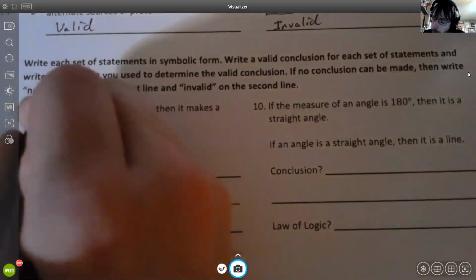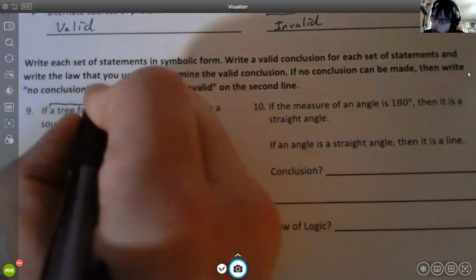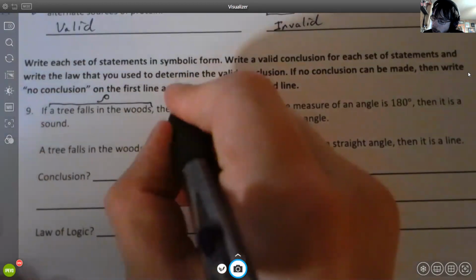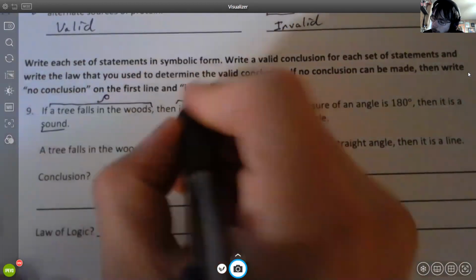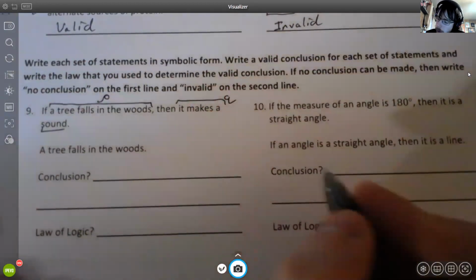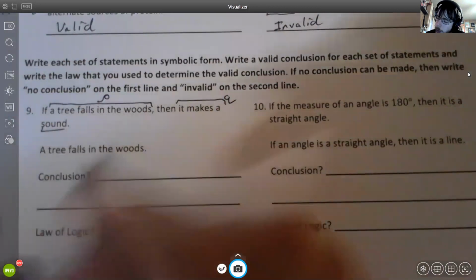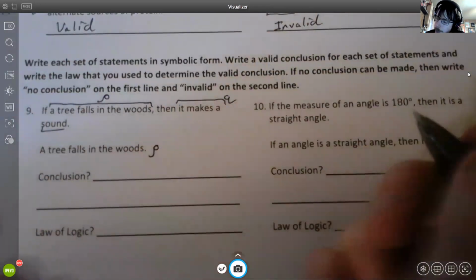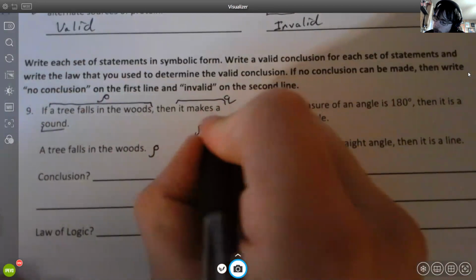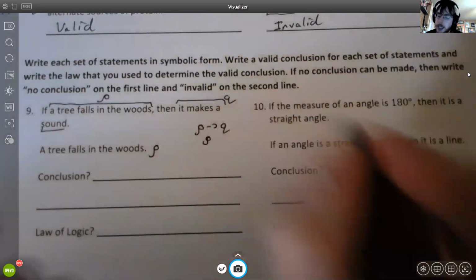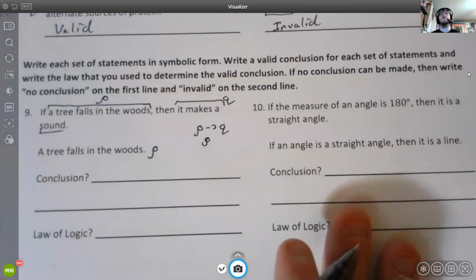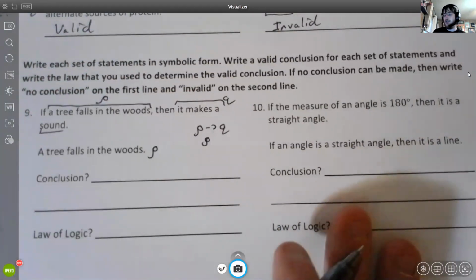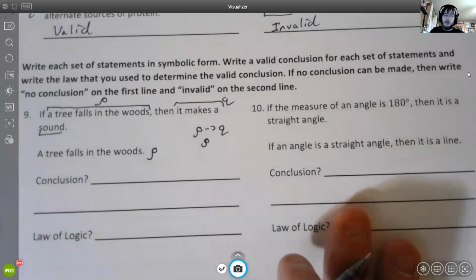Well, so we have a tree falls in the woods, that would be P. It makes a sound would be Q. And then it says here, a tree falls in the woods, that would be P. So we have P implies Q and P. Well, the law of detachment is the one that uses one if-then statement and just a single statement.